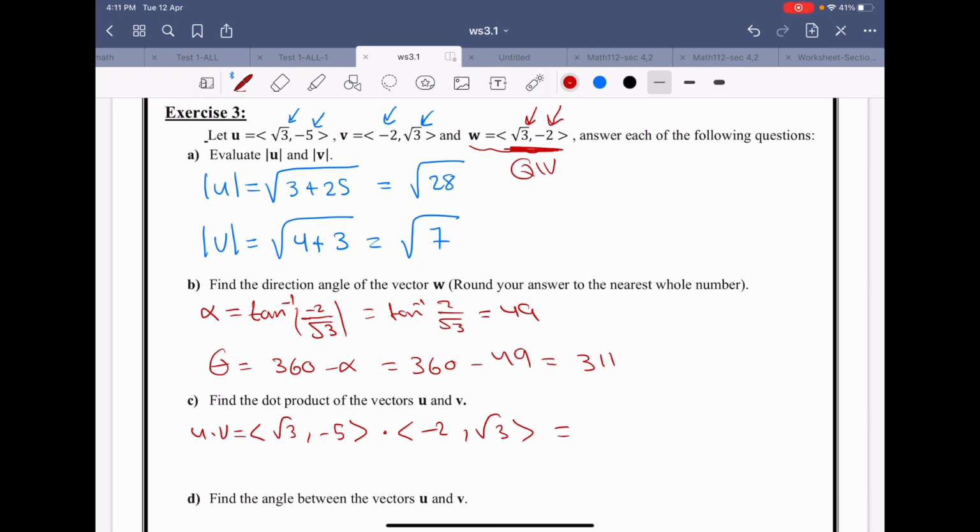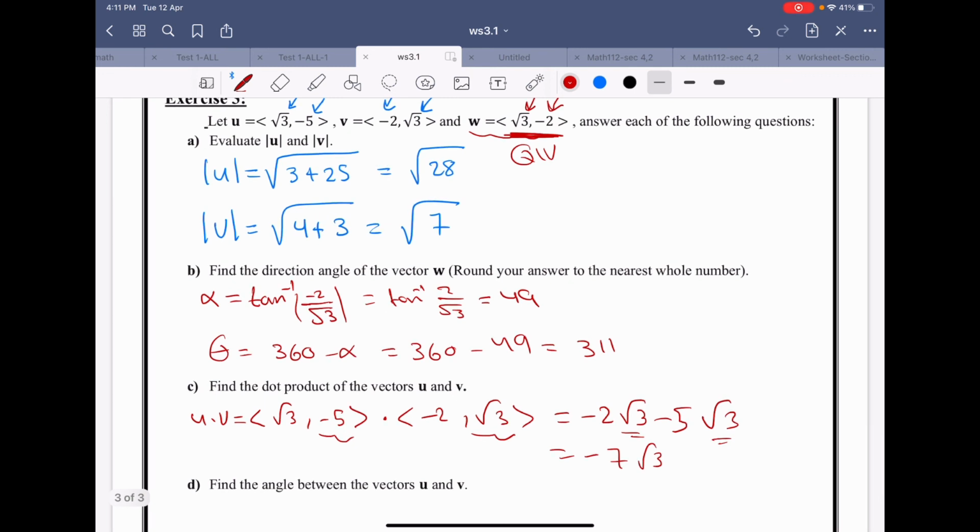So we multiply the first components together, which would be negative 2 root 3. Then we add the product of the second components, which is negative 5 root 3. Since I have root 3 and root 3 here, this would be negative 7 root 3.